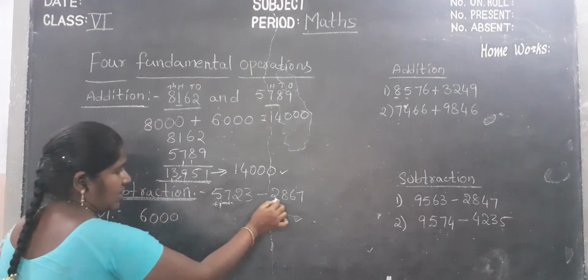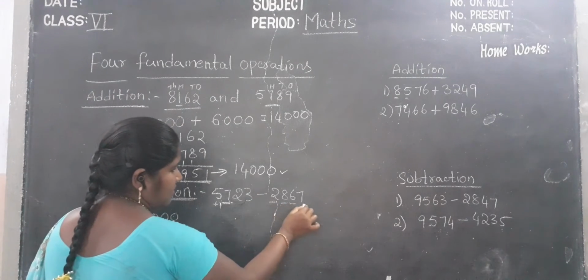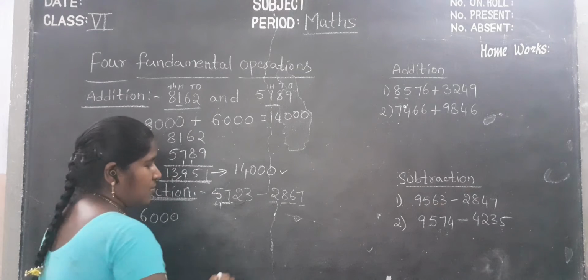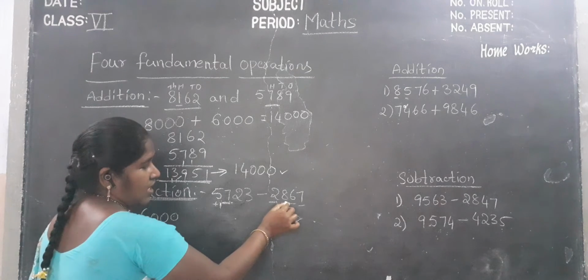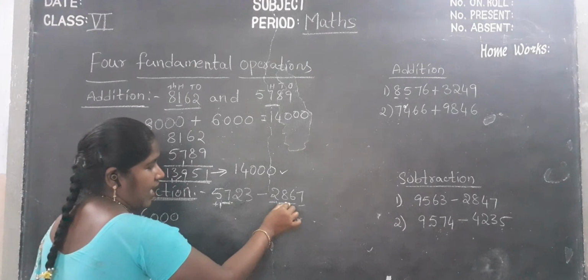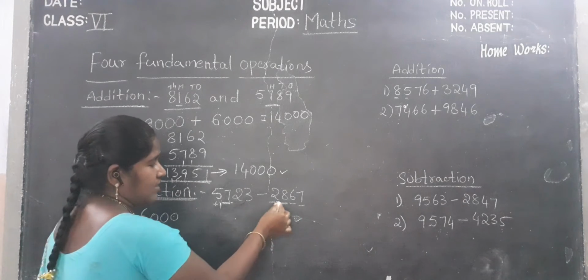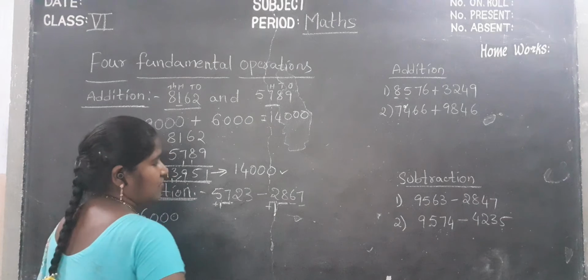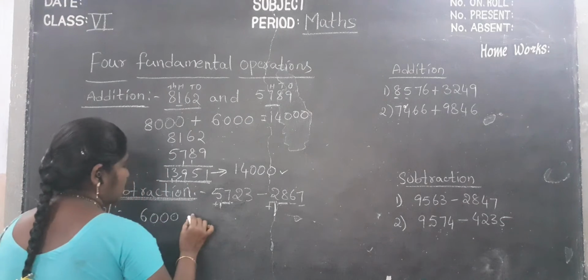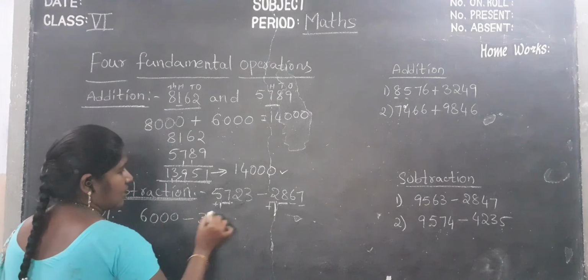And the next one, children, is 2,867. How to write this number rounded to thousands, children? Here see children, the hundreds place is 8. 8 means that one is greater than 5. Greater than 5 means we should add plus 1 to the thousands place like this. 3. What is that, children?